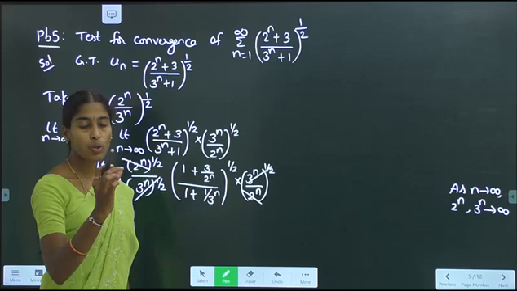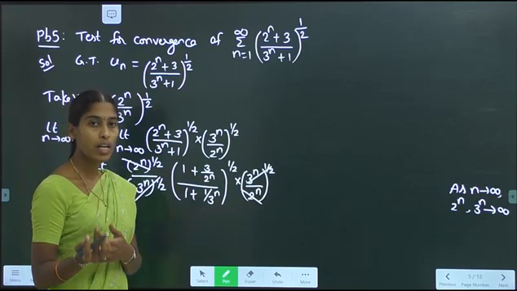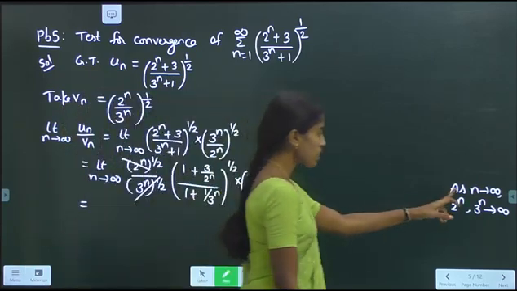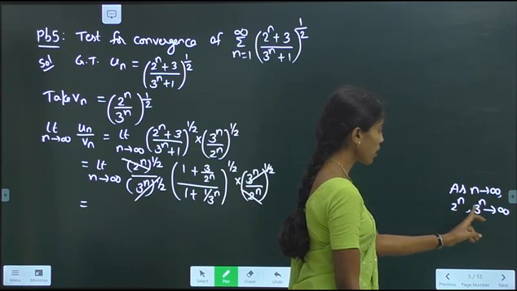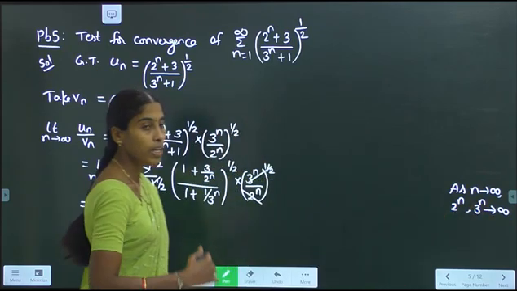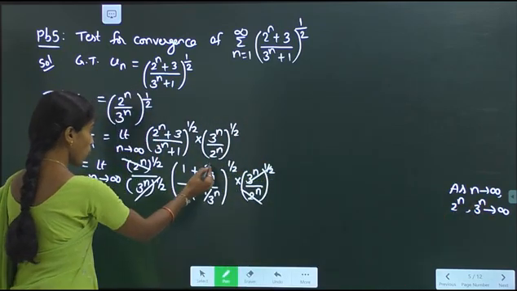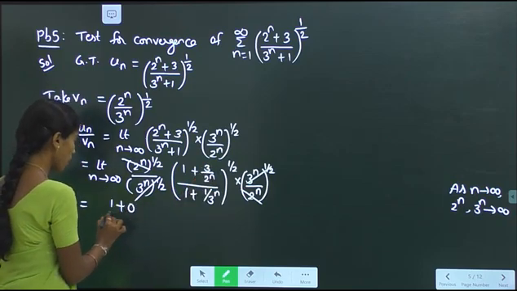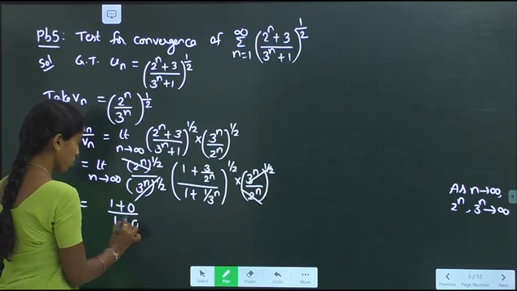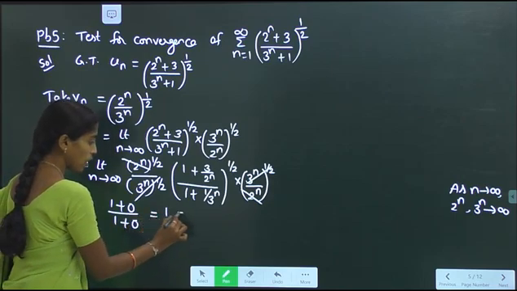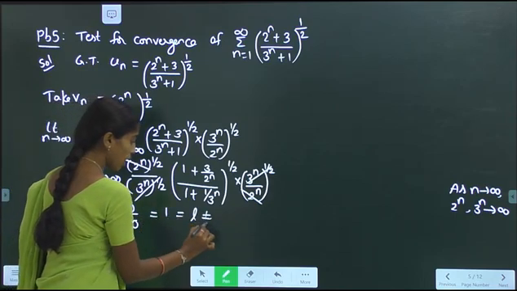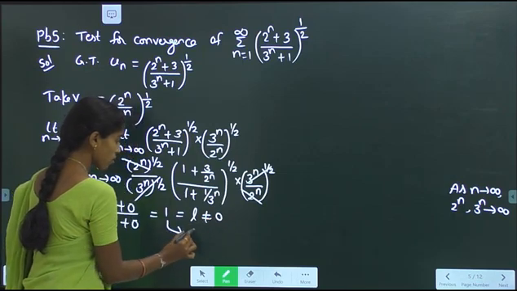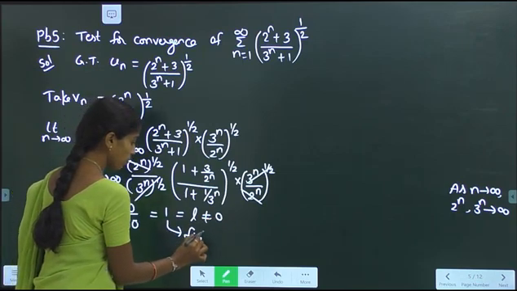As the powers of 2 are increasing, the 2 power n value is also increasing. As n tends to infinity, 2 power n and 3 power n both tend to infinity. So 3 by infinity becomes 0, which is 1 plus 0 by 1 plus 0, equal to 1. This L value is not equal to 0 and it is a finite value.